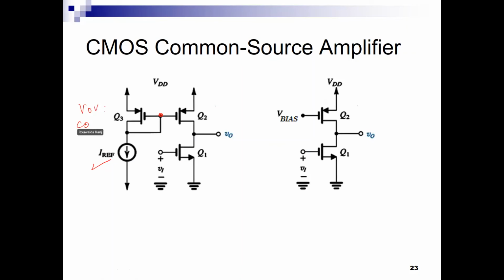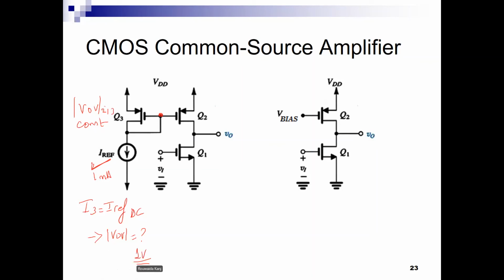It is a constant. If we know what I reference is, VOV for those PMOS devices is a constant, right? When I solve I3 equals IREF, if this is DC, I get a solution for VOV, right? Let us say for 1 milliamp, I get VOV, let us say 1 volt.